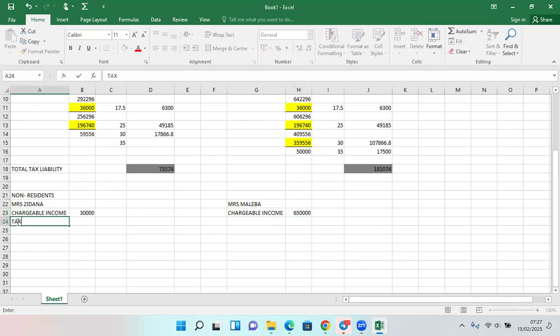So this tax rate is going to be 25%. Let me just put the tax rate.